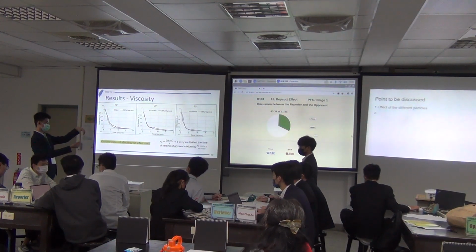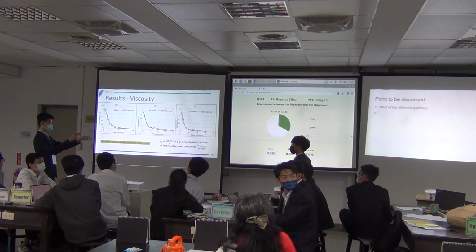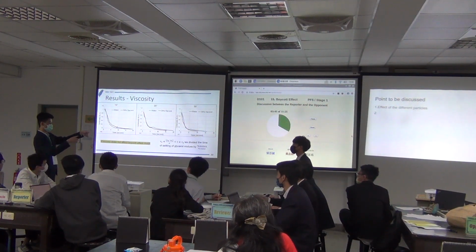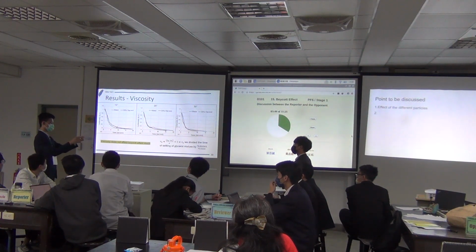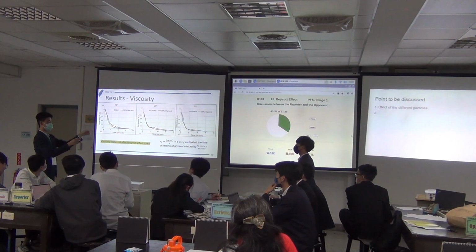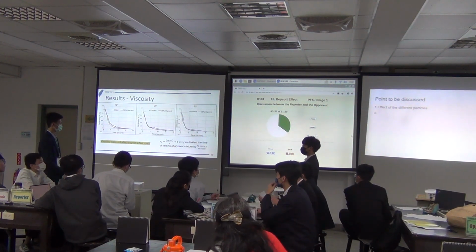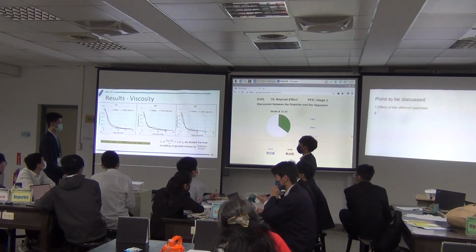For example, this is my container, and I will tilt it so that all the sediments are at the bottom, and then I will rotate it and shake it until all of the particles are in suspension, and then I will tilt it to my desired angle. Okay. So you made sure that all the particles are suspended. Yes.